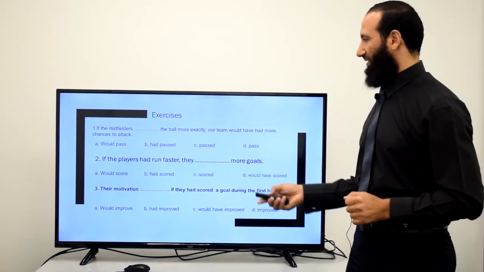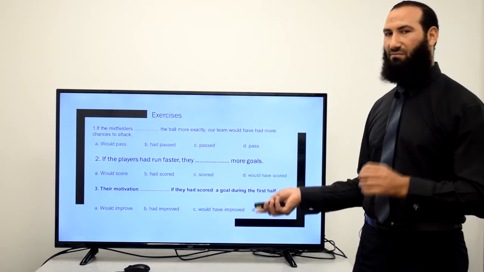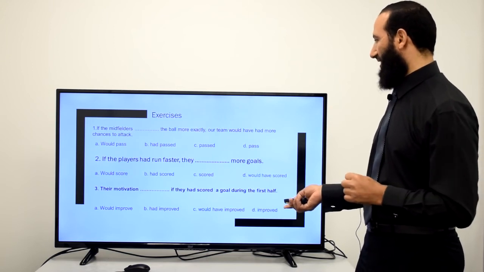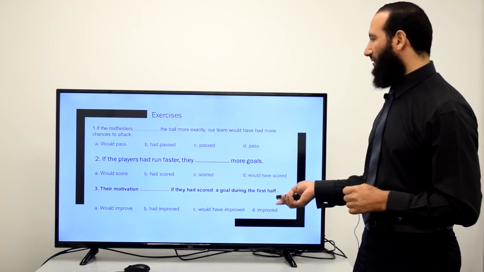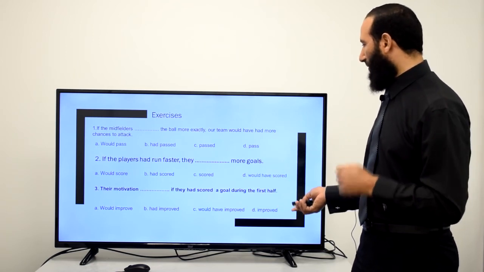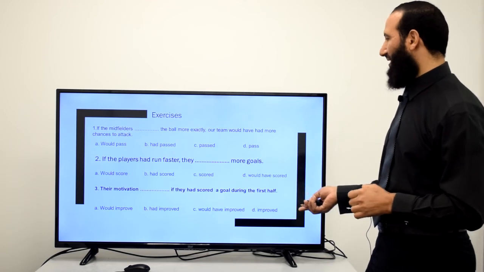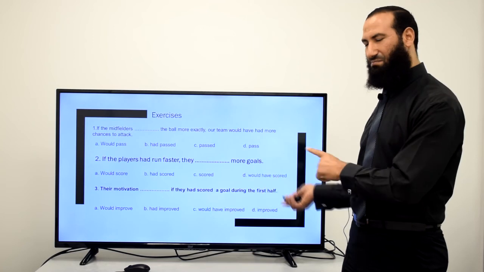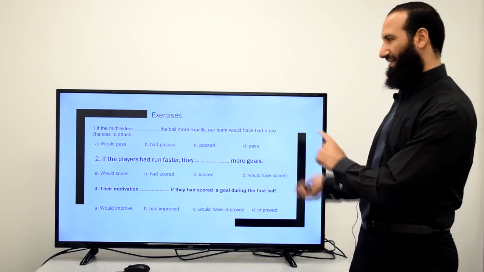Okay? Number three, their motivation, if they had scored a goal during the first half, their motivation would improve, had improved, would have improved. What should we choose in here? Now, if you just have a look at the last sentence in here, we have the second part of the if sentence in the beginning.